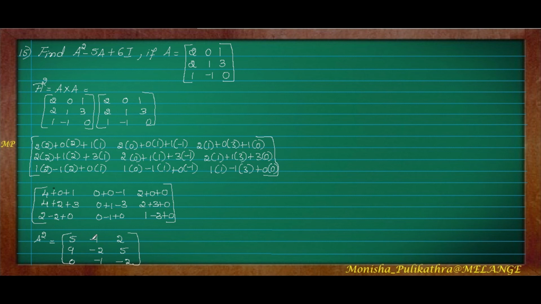Now we have to find out the value of this equation, that is A square minus 5A plus 6I. A square we have already found out, that is 5, minus 1, 2, 9, minus 2, 5 and 0, minus 1, minus 2.